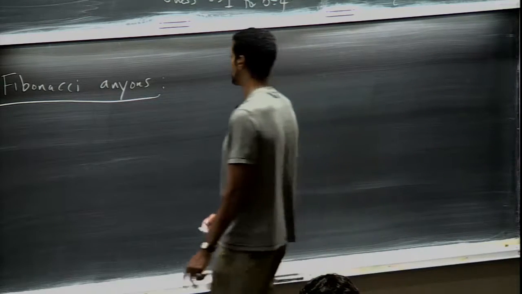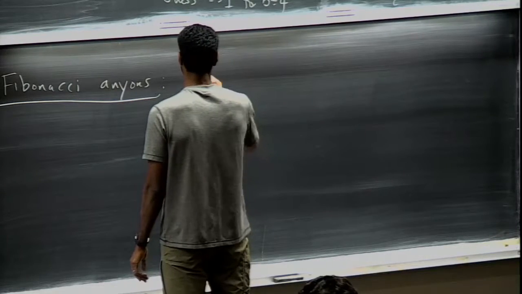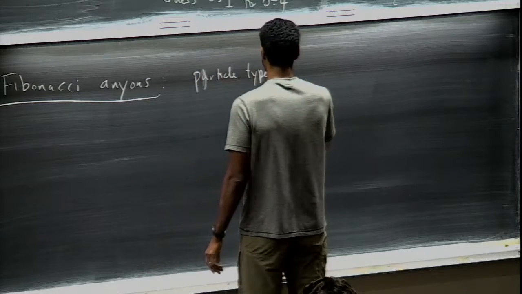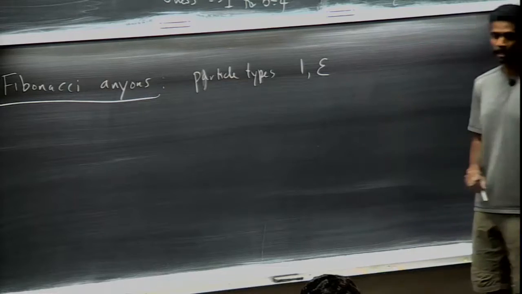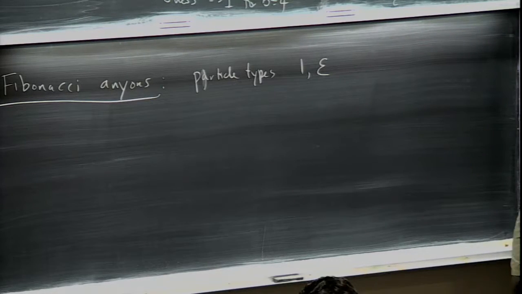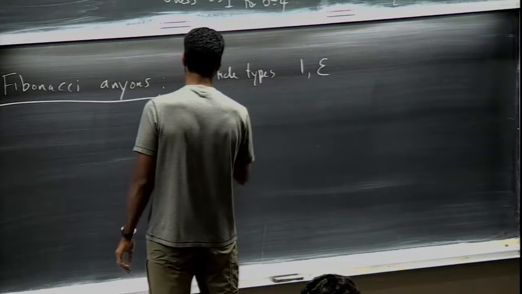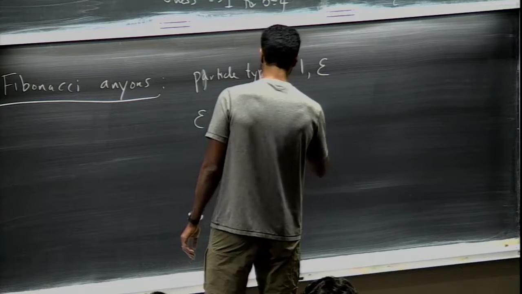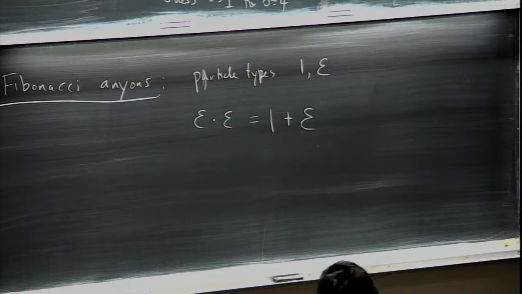It's simpler in the sense that there are only two particle types, often denoted 1 and epsilon. The fusion rule is very simple. Since there's only one non-trivial particle type, there's only one fusion rule that we have to write down: epsilon times epsilon equals 1 plus epsilon.